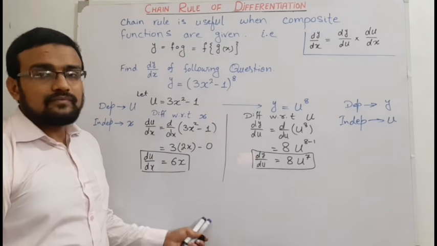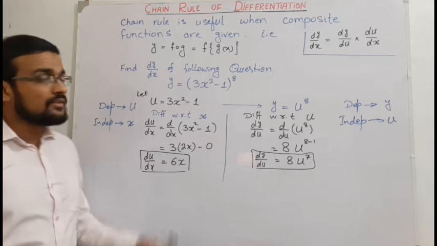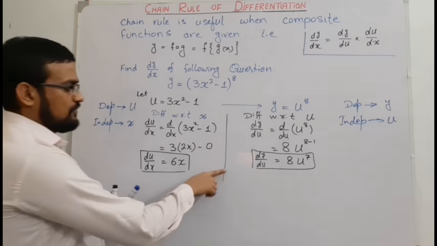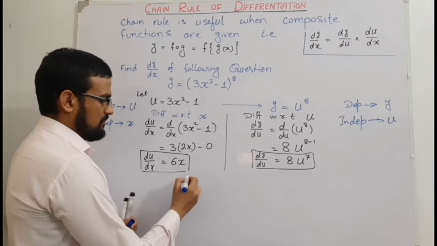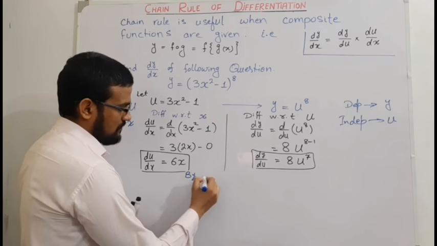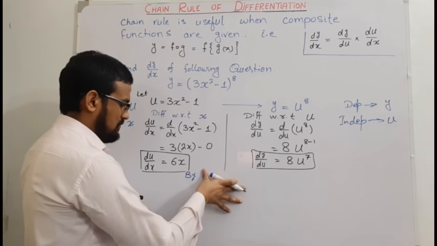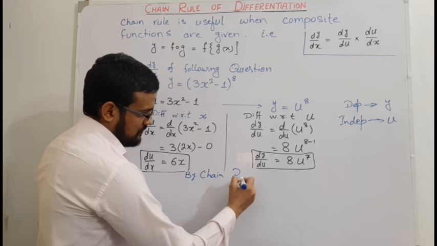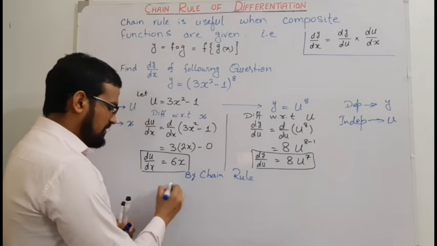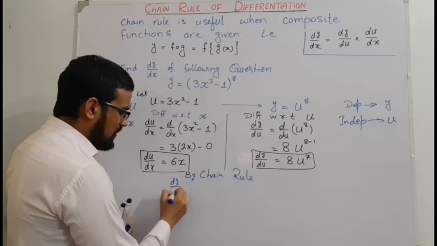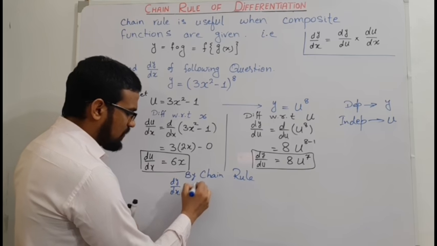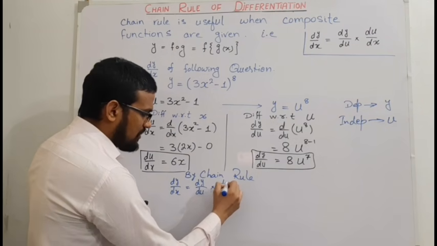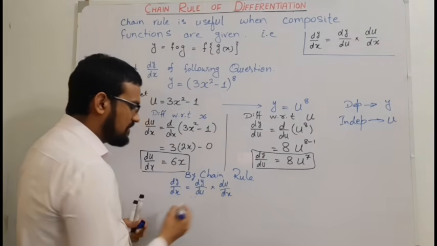Okay, but our requirement is dy over dx. So by chain rule, follow chain rule. What is the chain rule? dy over dx is equal to dy over du multiplied by du over dx.